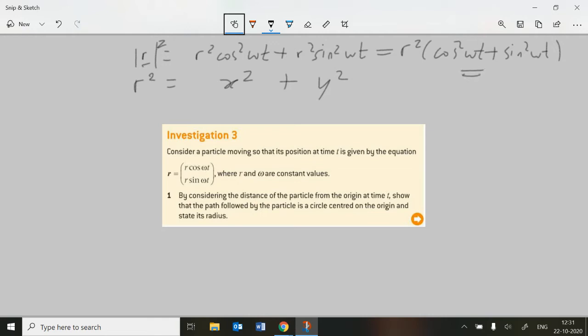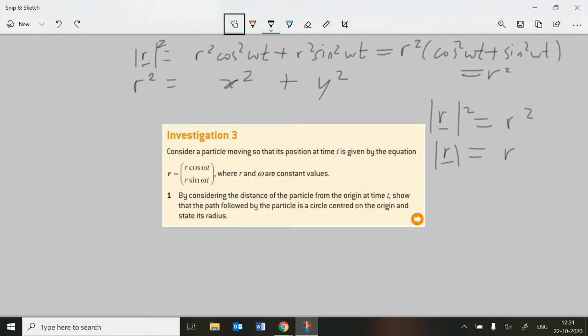So this gives us r squared. So we've shown, like obviously really, that the displacement squared, or the distance squared, is r squared. So in other words, the distance is just simply r in this case. So we have a radius of r, so there's the distance of our circle, and we have x squared and y squared there. So that's in the format that's required.